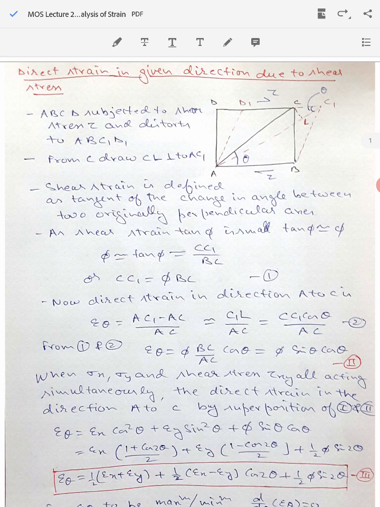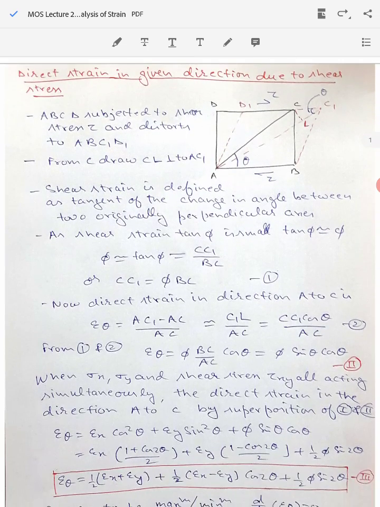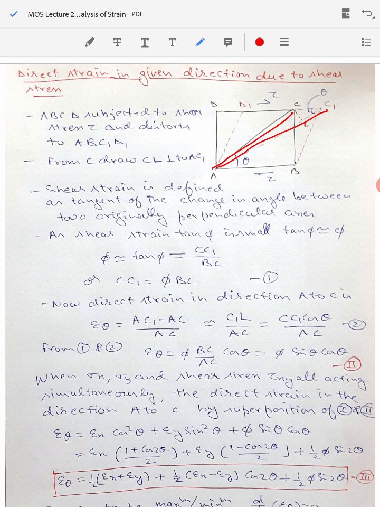Now the direct strain in the direction A to C will be the new length AC1 minus the original length AC, divided by AC. So epsilon theta, the direct strain in direction theta, will be AC1 minus AC divided by AC. If you look here, this is AC1 and this is AC. If you take the difference of these two, this will be simply equal to about C1L.